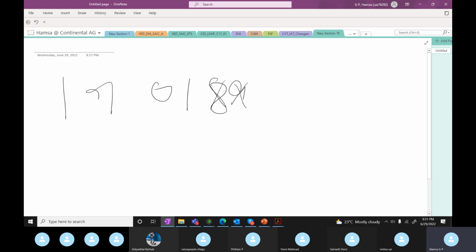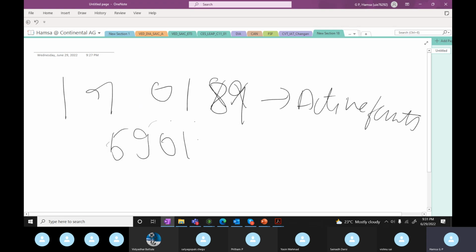If you provide 89, which means you are looking for active faults, you will get only the number: how many faults are present in active. With 1901 89, like 15. 15 is the count.